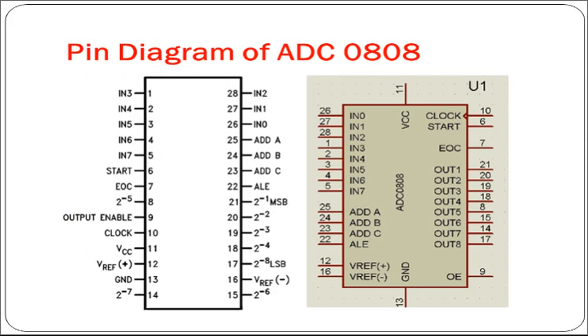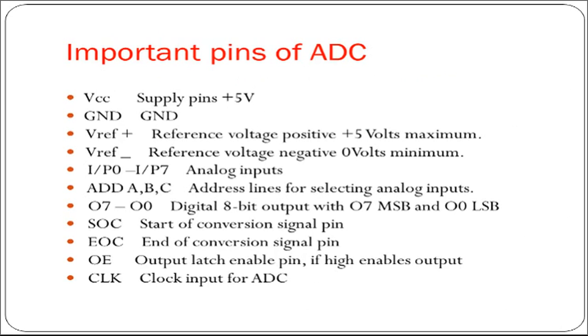The pin diagram of the ADC looks like this. The important pins are VCC, 5 volt required, and ground. Then it requires 2 reference voltages, the reference positive as well as the reference negative.